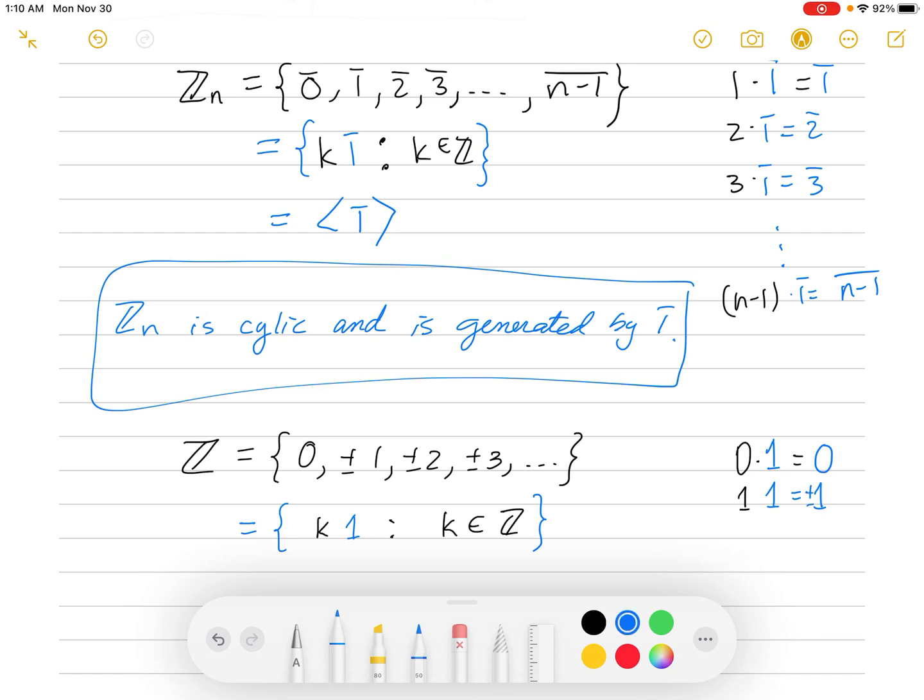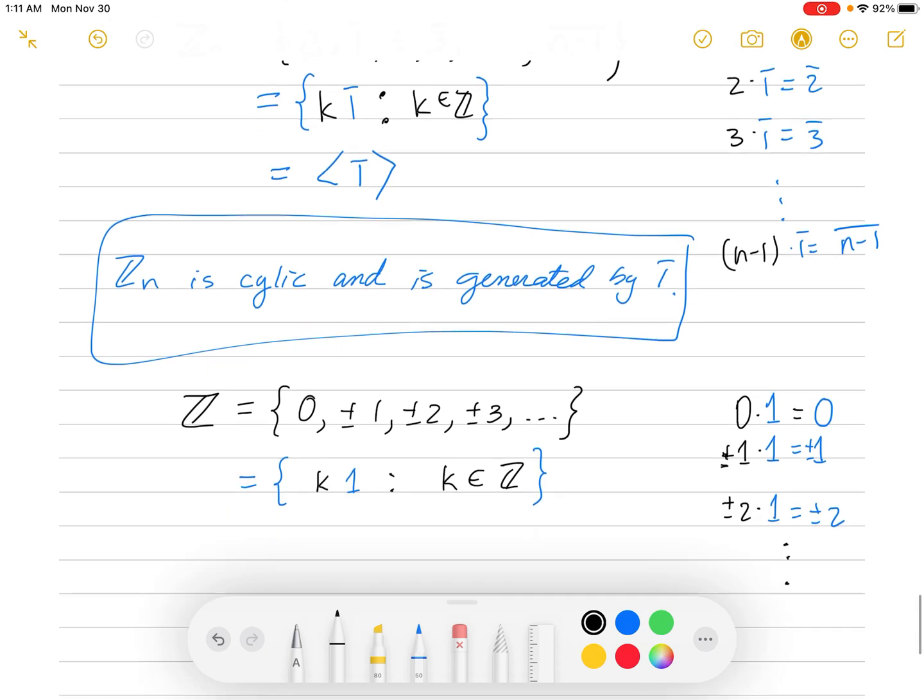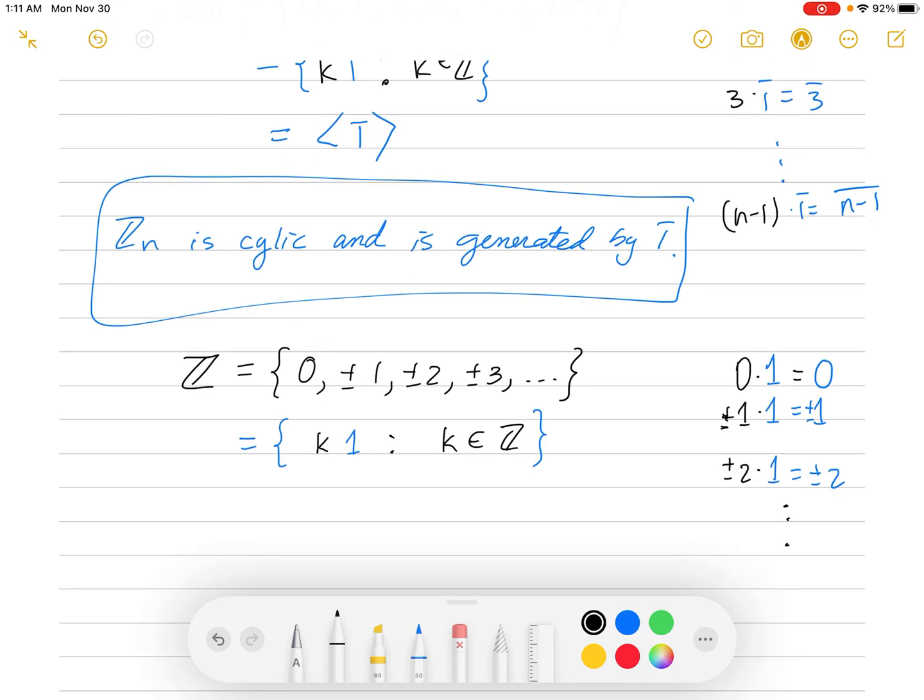What do I multiply by? 1. Or let's say I want to get either positive 1 or negative 1. Then I multiply by either plus or minus 1. What do I multiply 1 by to get plus or minus 2? Well, I multiply by plus or minus 2, and so on and so forth.